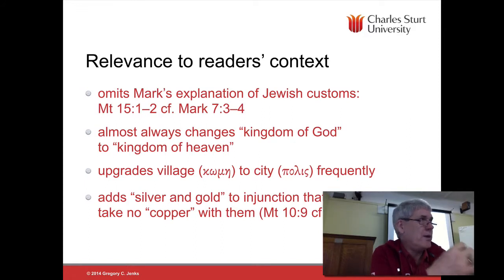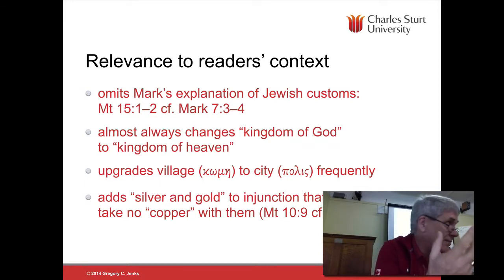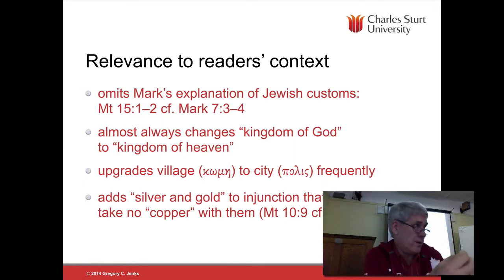Silver coins were only minted at the big mints up in Phoenicia, like Akko and Tyre in particular, and Athens and Damascus and Antioch. And gold coins were only minted in Rome, nowhere else in the empire.